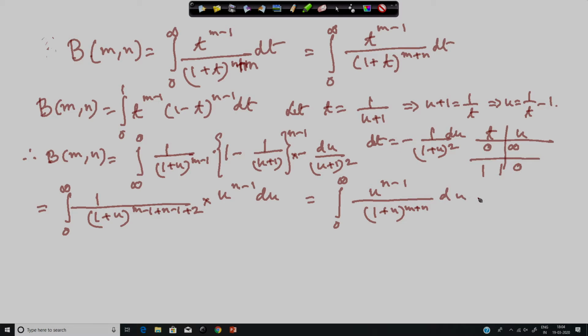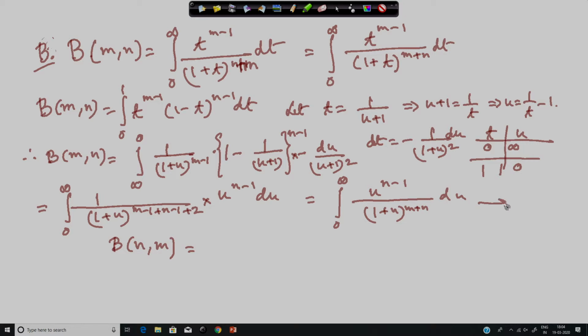But I have told that the form needed is with numerator power m minus 1, not n minus 1. But you see what about beta nm from this form.